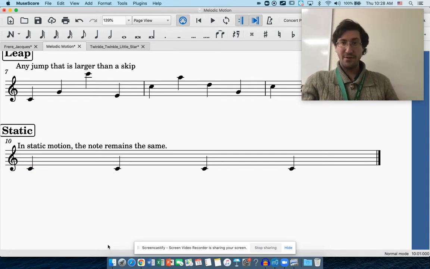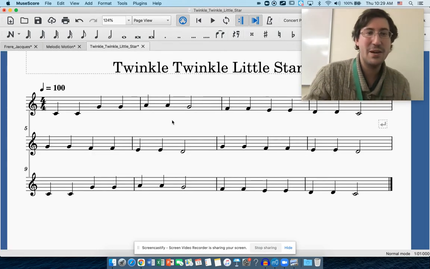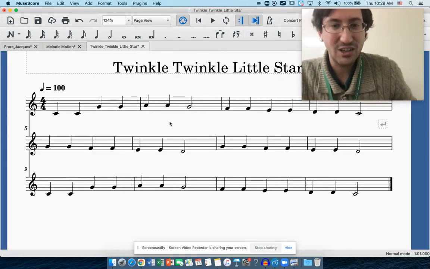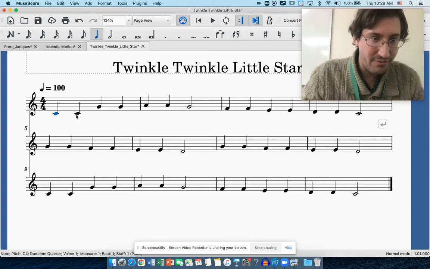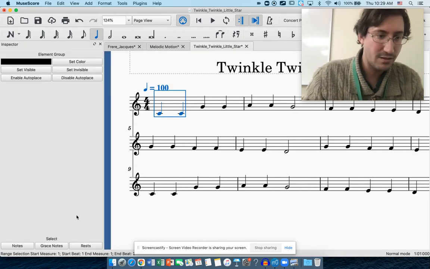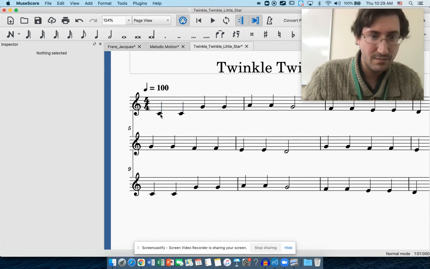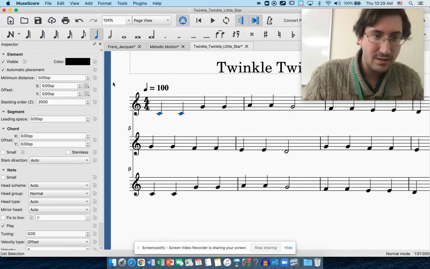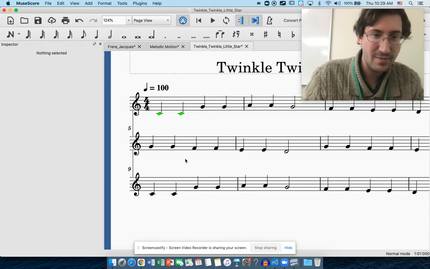No motion whatsoever. So let's kind of analyze a melody here. Let's kind of pick one apart, look at some examples. So let's look at this example first here. Let me just change the color here. Maybe that'll make it easier.